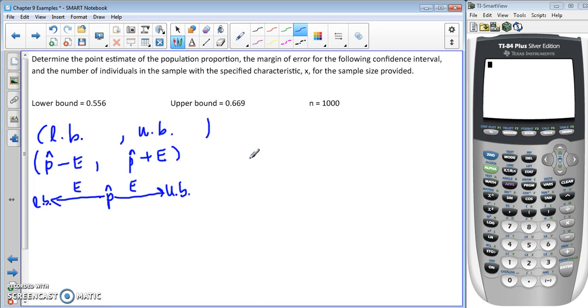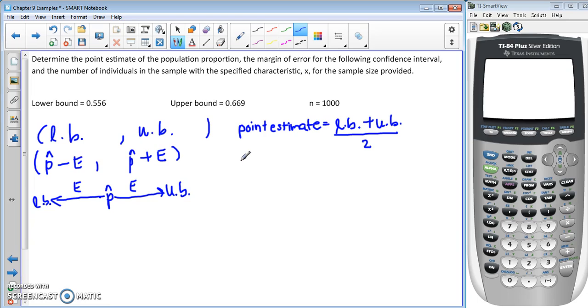So the point estimate here is going to be equal to the lower bound plus the upper bound divided by 2. So we're just taking the average of our two bounds.